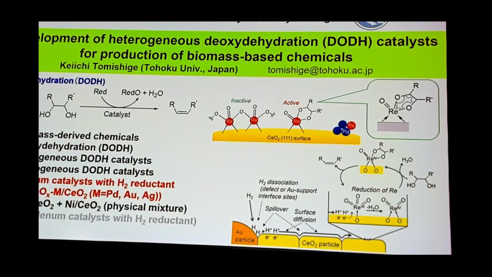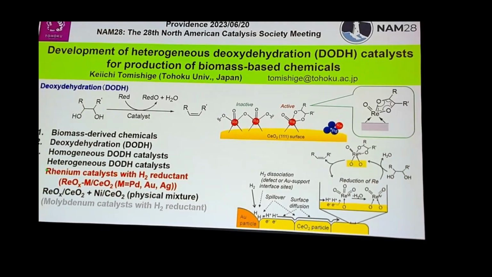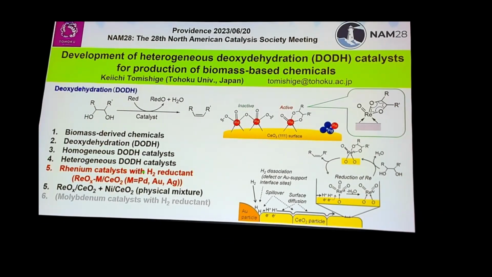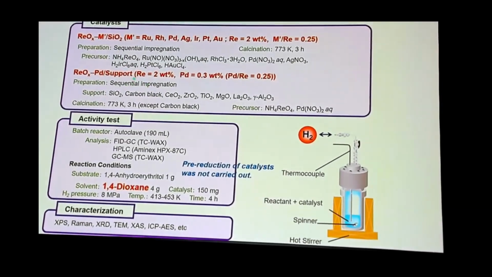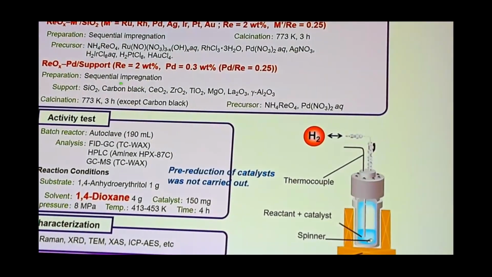We would like to introduce our work, a rhenium catalyst with hydrogen as the reductant, the typical catalyst being a rhenium oxide and metal modified ceria catalyst. Our experiment is conducted using this kind of reactor. The experiment is so simple. The catalysts are prepared by sequential impregnation.